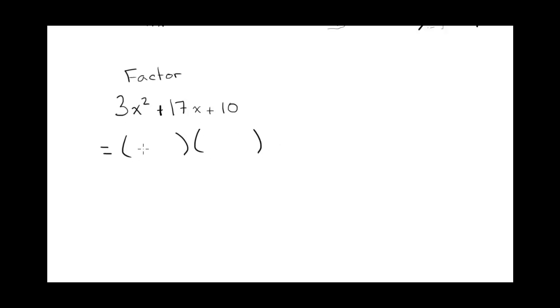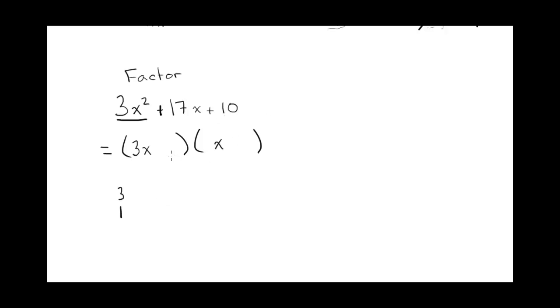Now the first term, x, x, and then what goes in front of the x? Well, it needs to multiply to 3x squared. So what multiplies to give you 3? Again, we're lucky. Our only options are 3 and 1. So I'll put the 3 here, and then this one will be 1. And you could put the 1 here, and then put the 3 here. That's fine too.